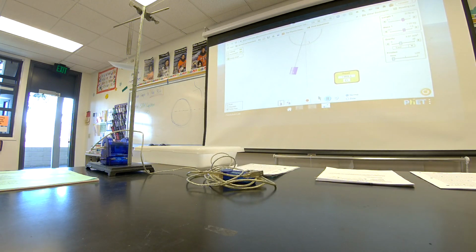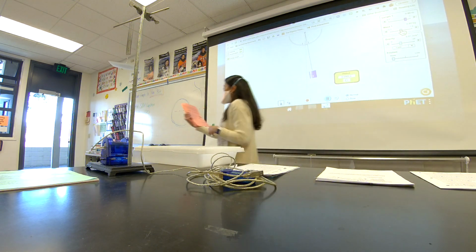When you're changing the length, you can change the length this way, but you need to keep the amplitude consistent every time that you change your length. So only one characteristic changes.